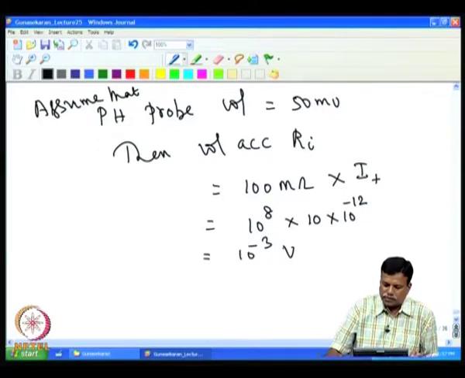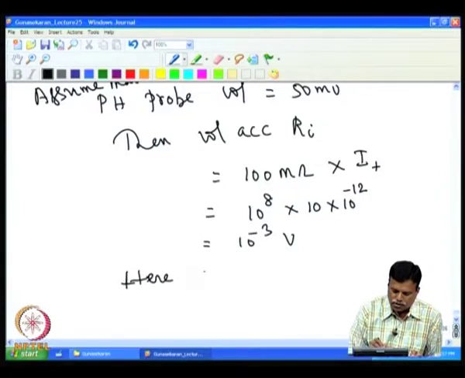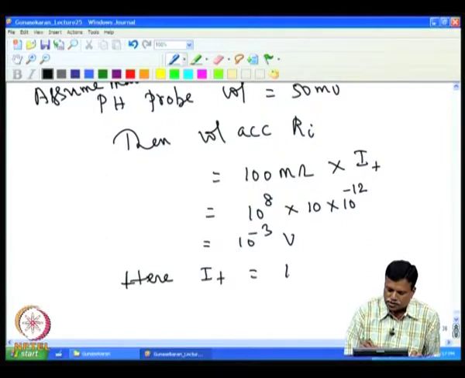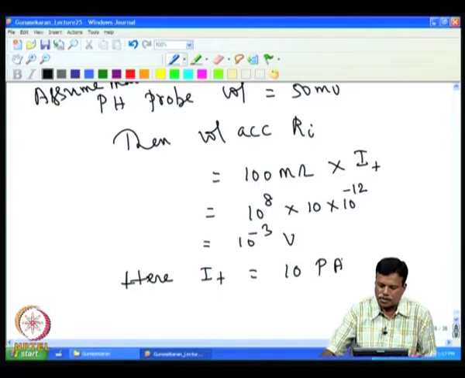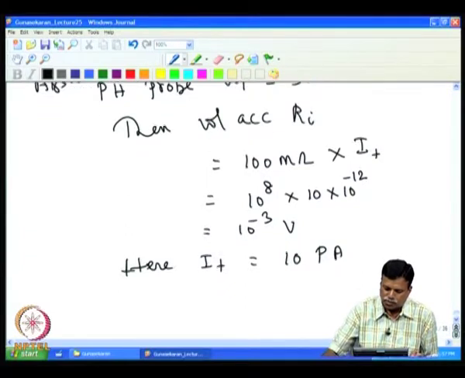Here we have taken I plus equal to 10 picoamps. The bias current is actually very small. So, the error you get is 1 millivolt.